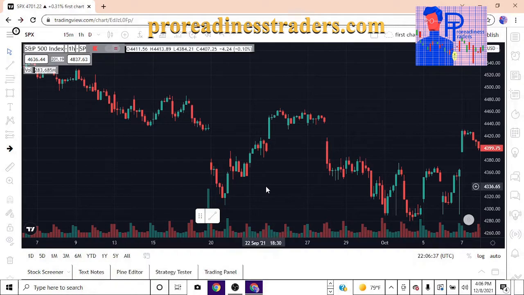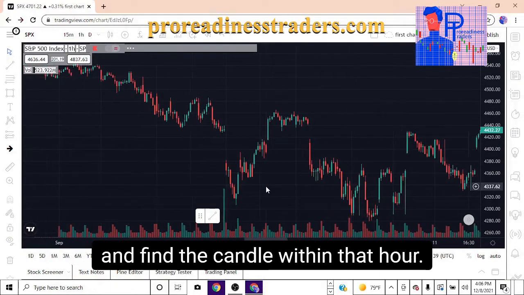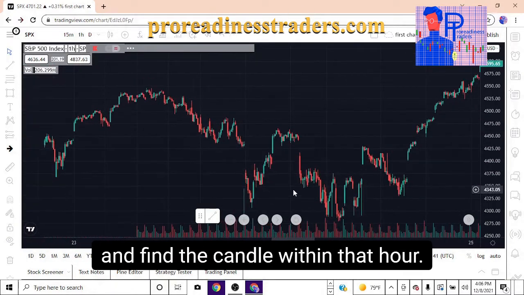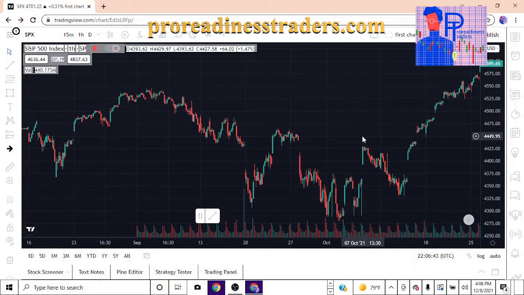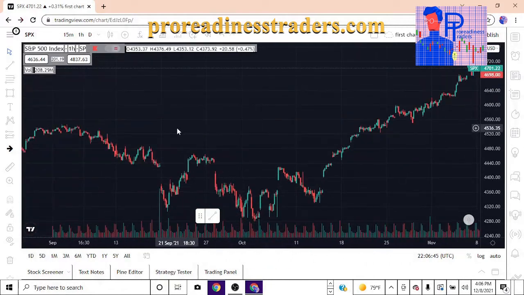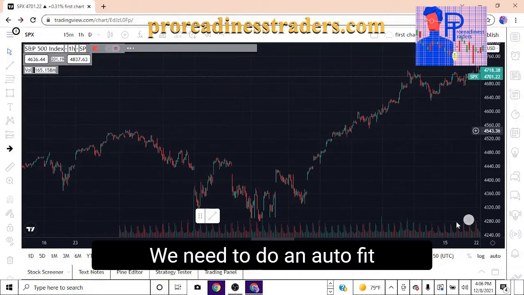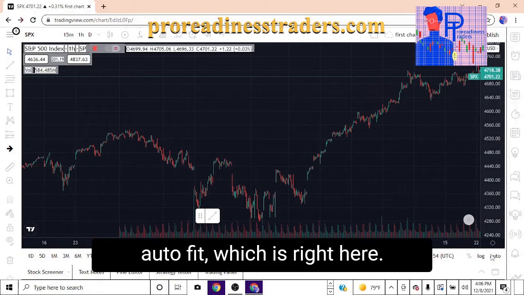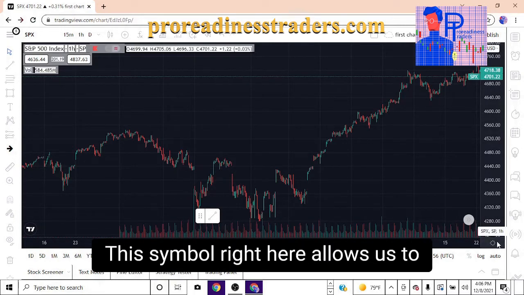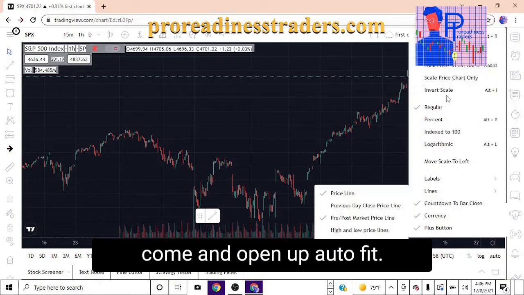Okay. Let's see if we can shrink it and find the candle within that hour. We would have to continue to shrink it. Let's do an auto fit, which is right here. This symbol allows us to open up auto fit.